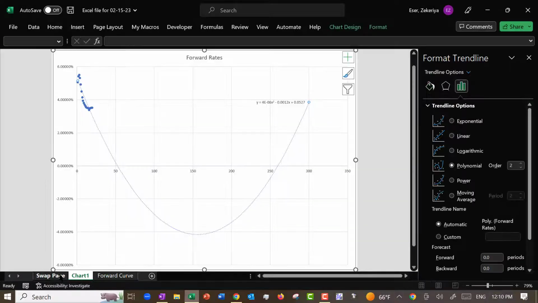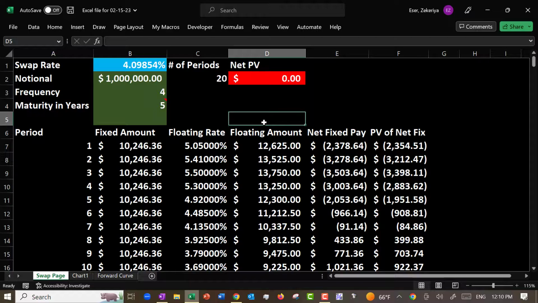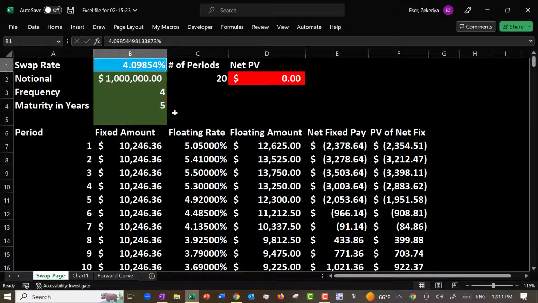Now, once you have the swap rate, then you can actually use that swap rate to price a bond that has floating interest payments. All you have to do is assume that it is a fixed rate bond that pays the swap rate and make bond value calculations using that. That's it, done.